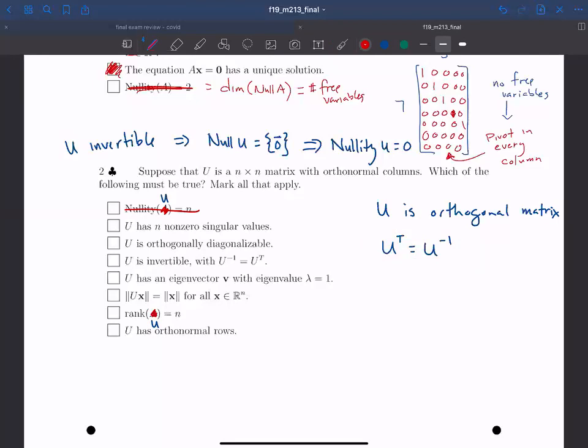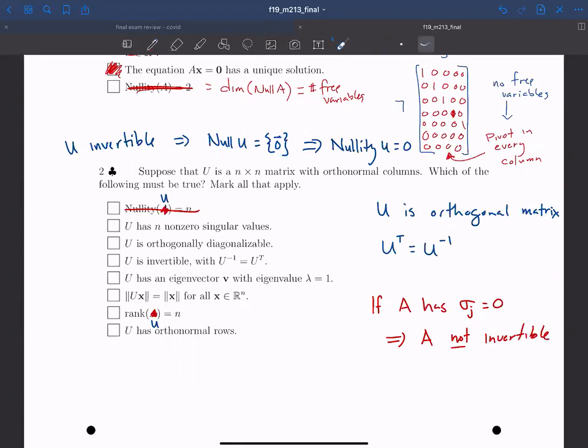U has n non-zero singular values. Is this one going to be true or false? Does anyone know? So remember, in that big list of the invertible matrix theorem, there's a few facts that tell you whether a matrix is invertible or not. One of those facts is that if a matrix A has a singular value equal to 0, then A is not invertible.